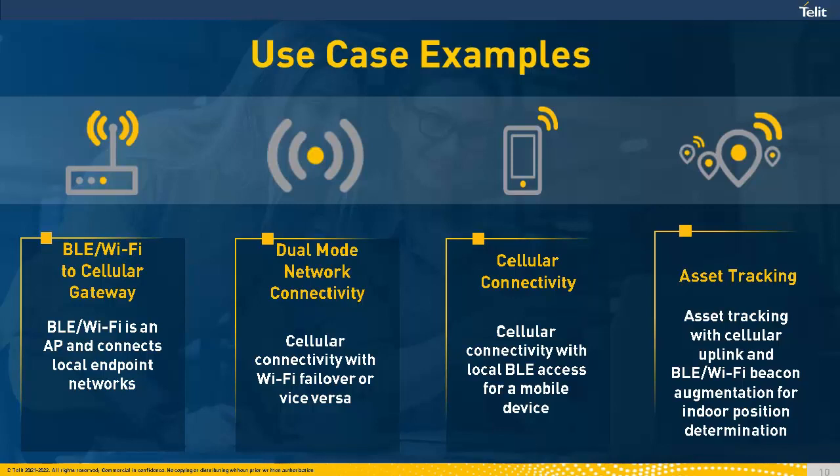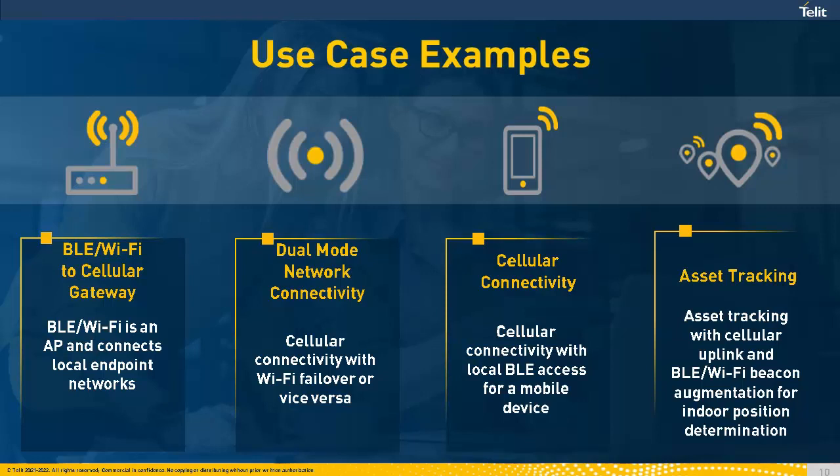Now, I would like to analyze some real examples of solutions where multiple connectivity technologies are indeed used and implemented. One first example could be a gateway between Bluetooth and Wi-Fi, that works like a local endpoint, and then this device offers cellular connectivity for the internet, for example. A second example could be a device that uses Wi-Fi connectivity as default, and then switches to cellular connectivity when it is out of range of the Wi-Fi.